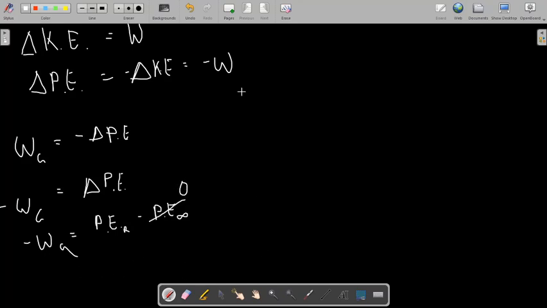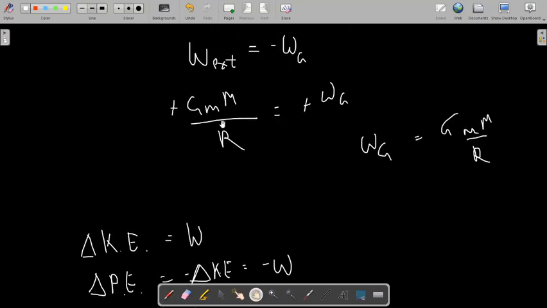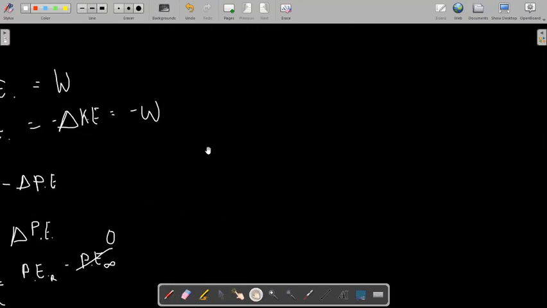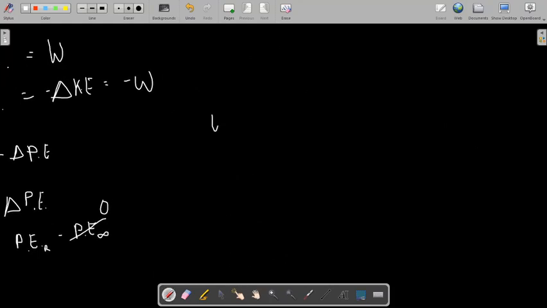The work done by gravity is GMm upon r, and the negative of this, negative GMm upon r, equals the final potential energy, since final potential energy is the potential energy at this point r minus 0.